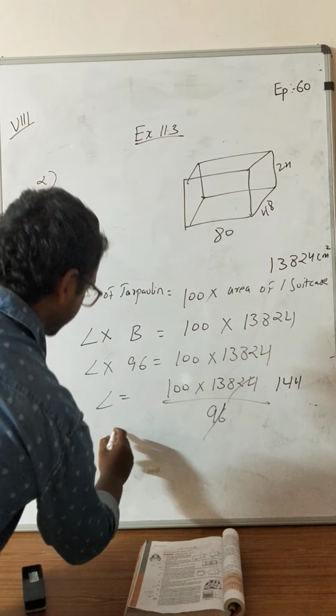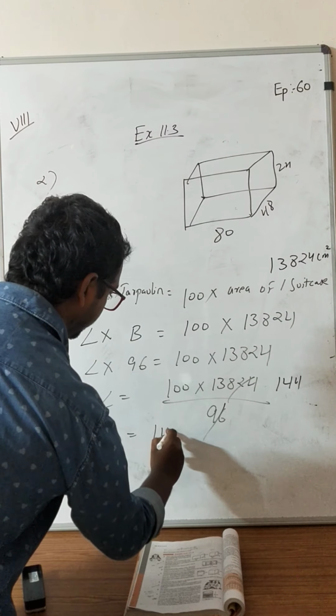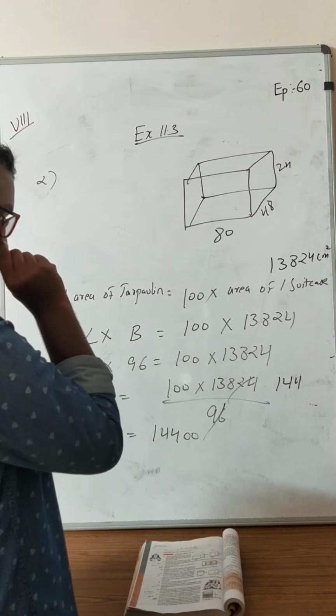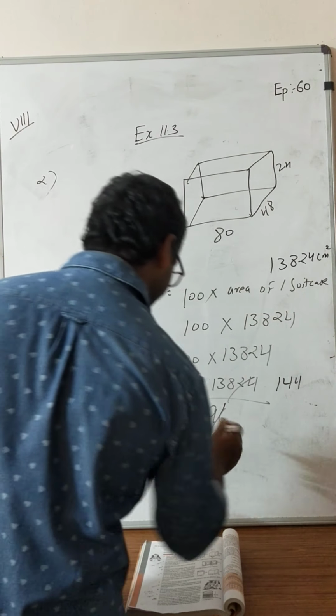So the final answer that we are getting is length is 144 into 100, which is 14400 centimeter.